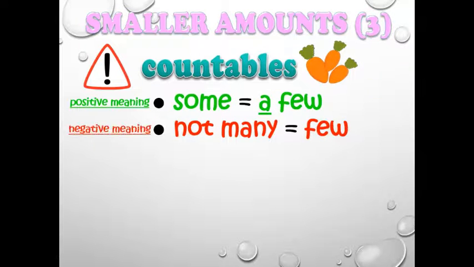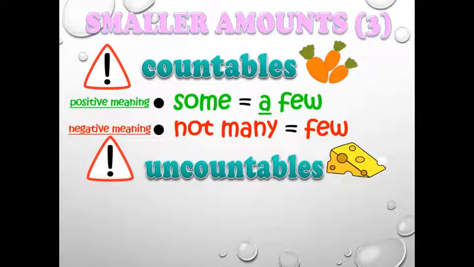So in this slide, there is a display of the quantifiers with positive meaning and negative meaning. In the first example, we have the quantifiers used for countable nouns: some, which is equal to a few, which means enough and has a positive meaning, while not many, which is equal to few, has a negative meaning, which means not enough.